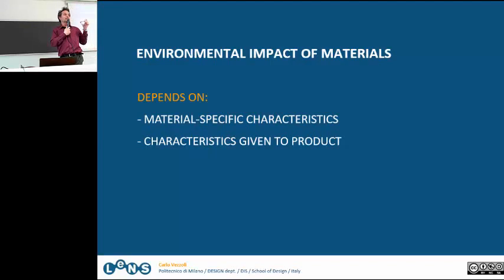But then if I'm using that composite material for a glass that is going to be thrown away in a while, we could say that this is the worst material, because it's consuming lots of energy, it's very difficult to recycle because it's made of mixed material, and something like this.